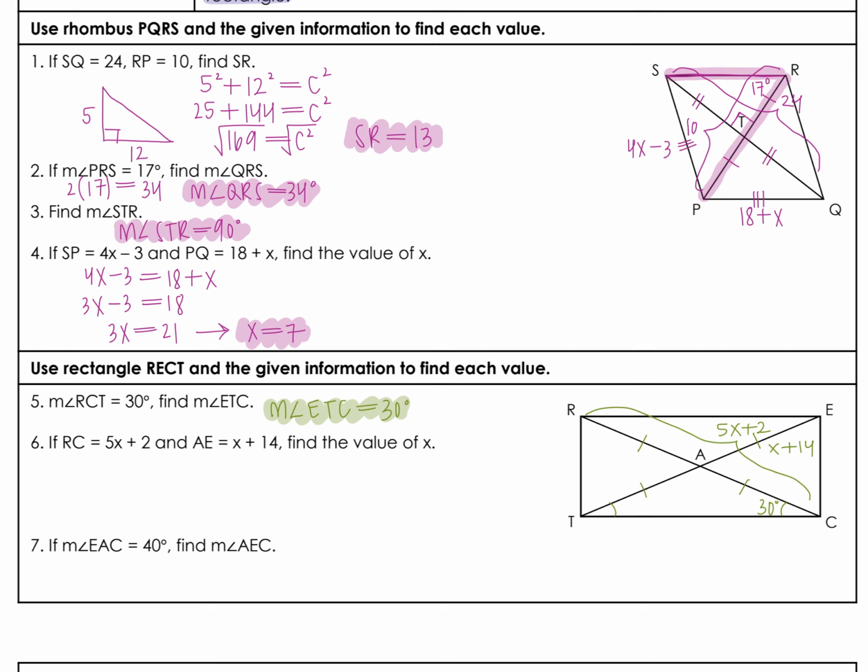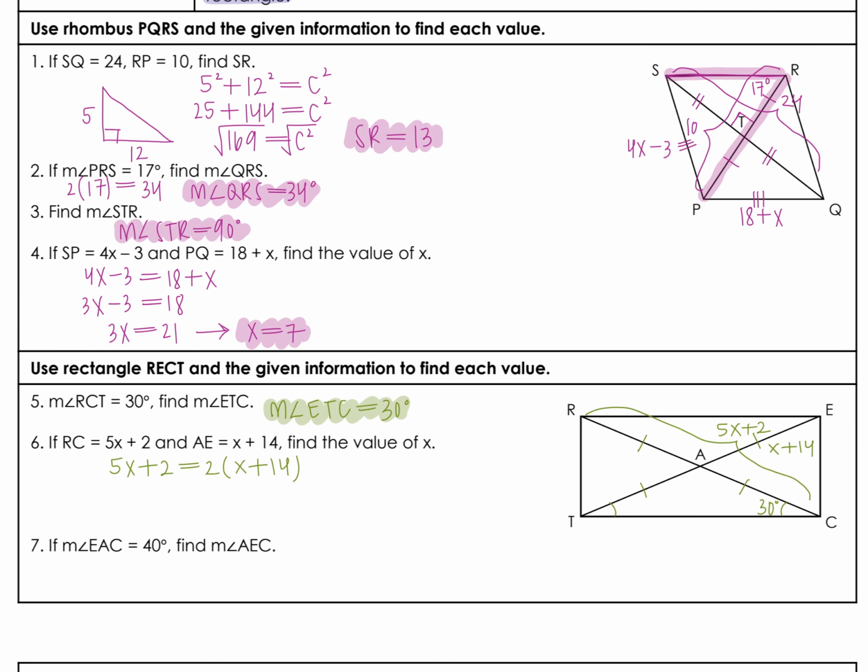So I already kind of covered this, but remember your diagonals are congruent, okay? And the diagonals do bisect each other. So what I can say is that 5x plus 2 that I'm given is going to be equal to 2 times AE, that x plus 14.